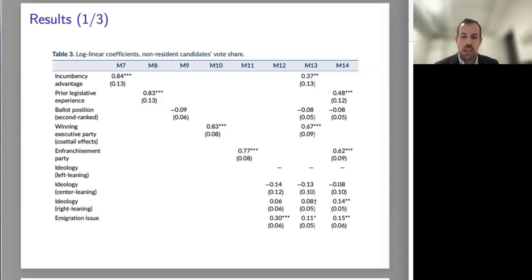Being associated with the party has had a positive effect on electoral success. So basically, all candidates elected twice or three times have belonged to this party because it's pro-enfranchisement and also was in power.